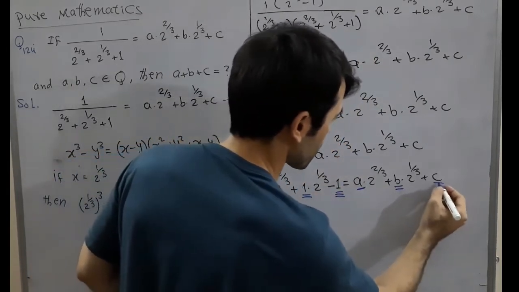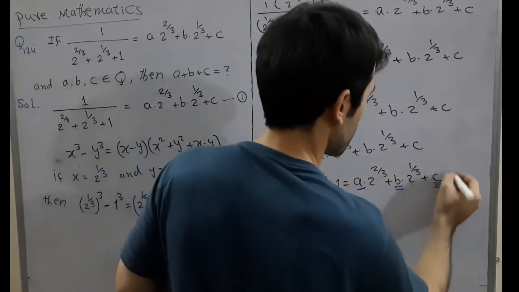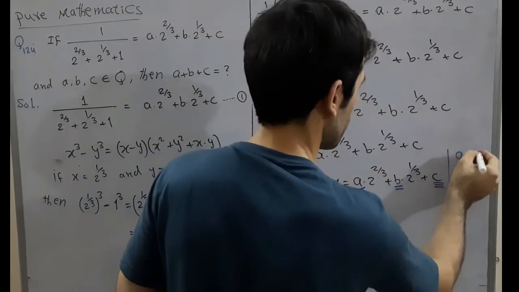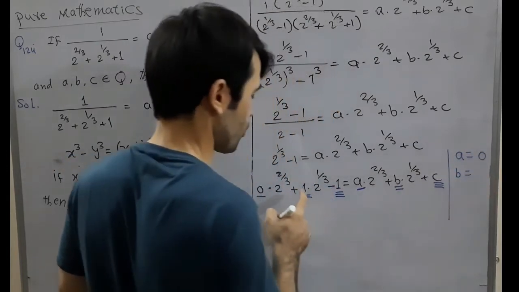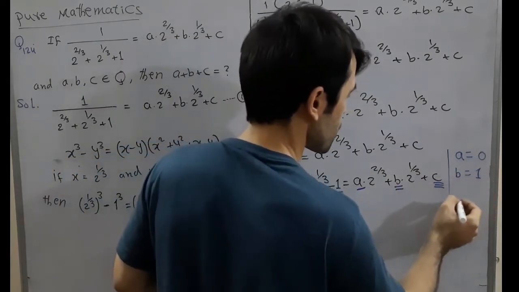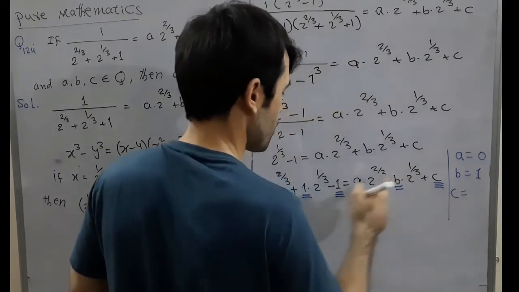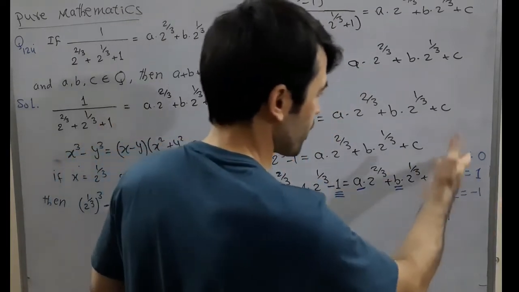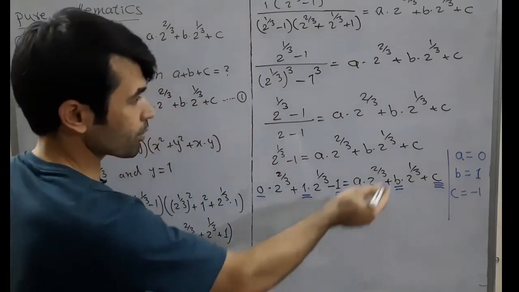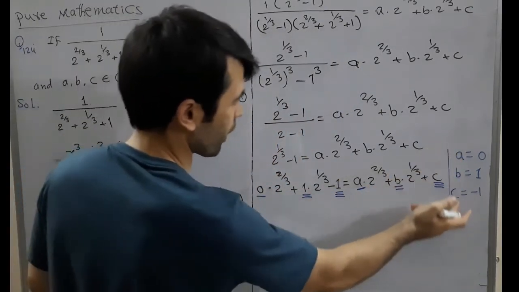If we compare these, we get a is equal to 0, b is equal to 1, c is equal to minus 1. Therefore, we find the values of a, b, and c.